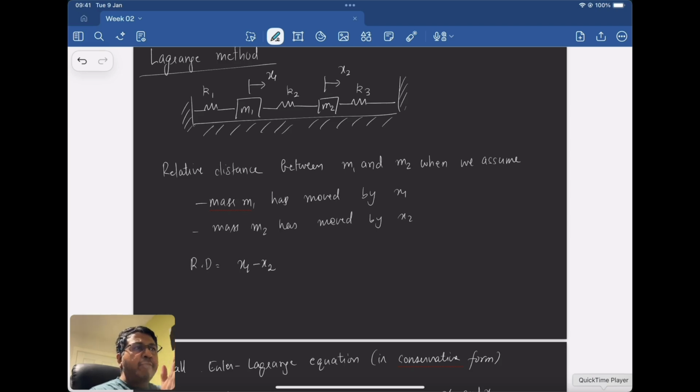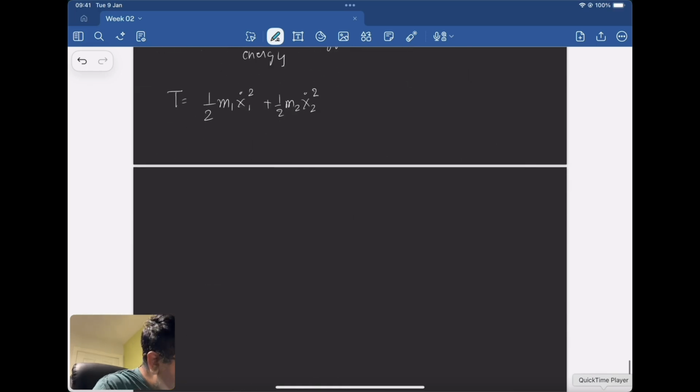Similarly for m2, how fast is the position changing? d by dt of x2, which I am writing as x2 dot. So this is nothing but half m1 into dx1 by dt whole square, and similarly half m2 into dx2 by dt whole square. So I can easily write this as my kinetic energy.